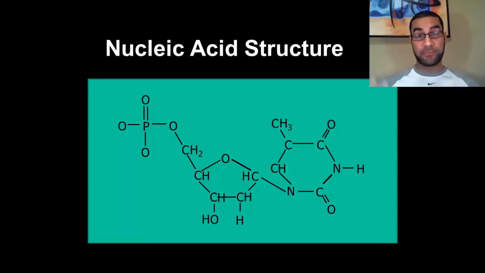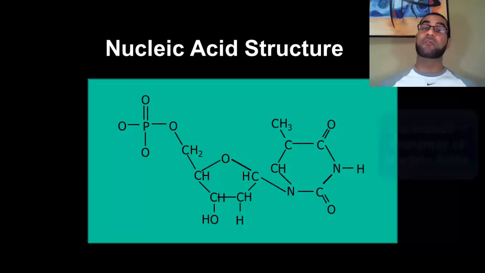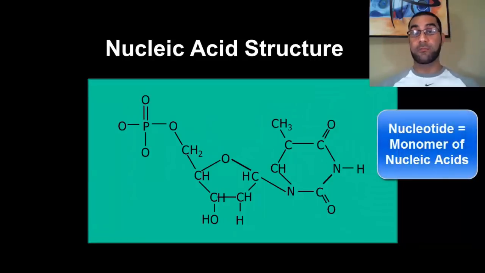They have a basic building block, and then the whole structure is just a bunch of these monomers combined together. What you see here is the basic component for a nucleic acid. This molecule is what we consider a nucleotide. A nucleotide is the monomer of a nucleic acid, just like a monosaccharide is the monomer of a carbohydrate.